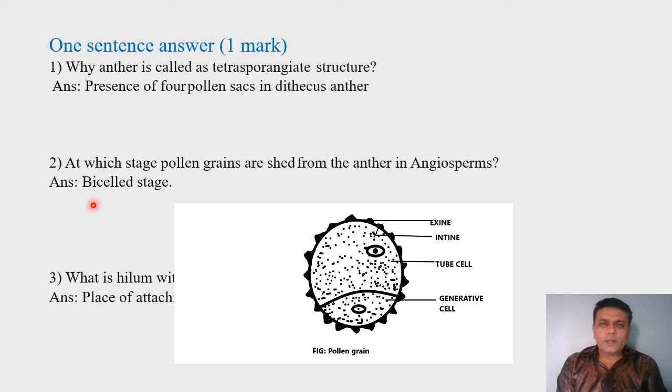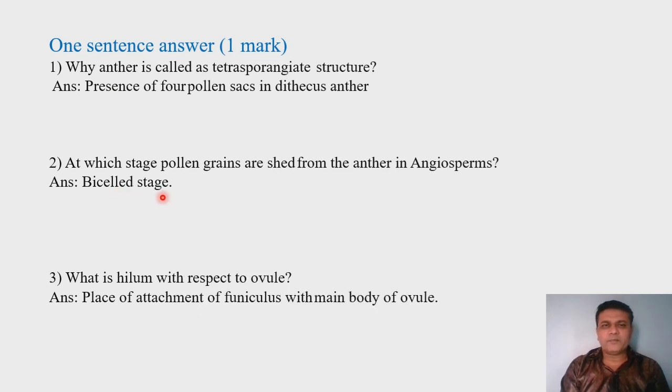So this bicelled pollen grain, which is at two cell stage, is shed. Shed means it comes out of the anther and it is transferred to the surface of the stigma by pollination. So the pollen grains which come out of the anther are at two cell stage, or they are bicelled stage.